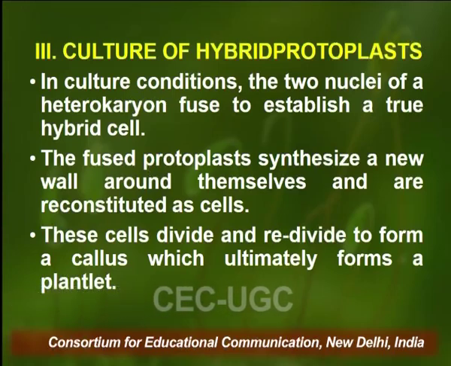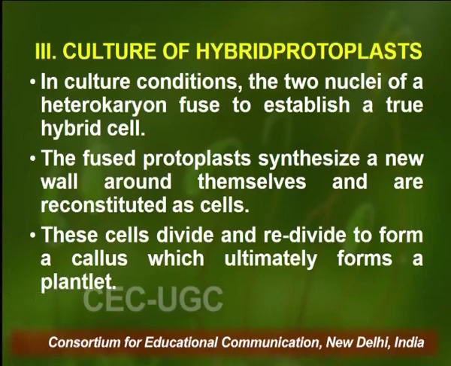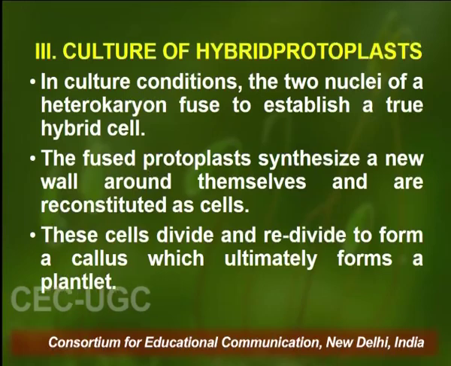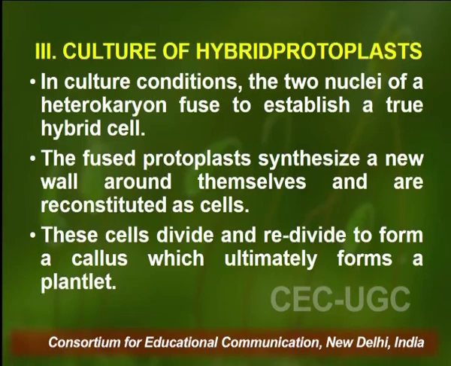So, what we started with was dissolving the walls, then we had naked protoplasts, we made the protoplasts fuse, and once they fused with each other, we have a hybrid protoplast. This hybrid protoplast ultimately establishes a new wall around itself, and a new cell is reconstituted.